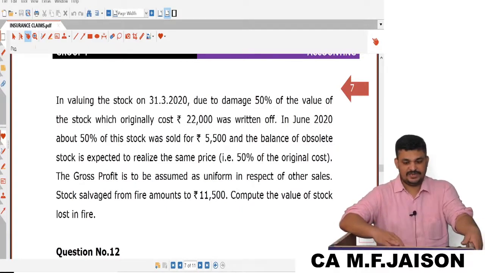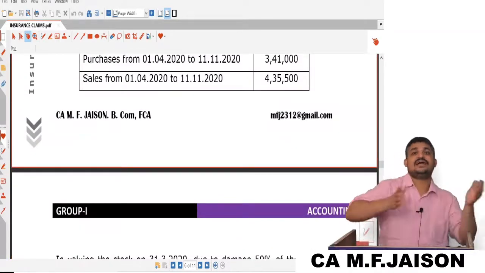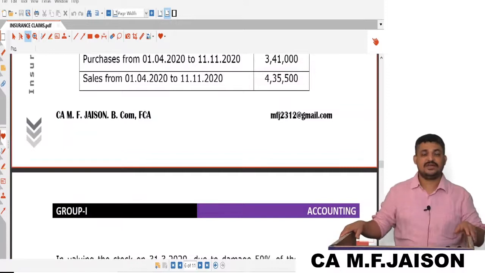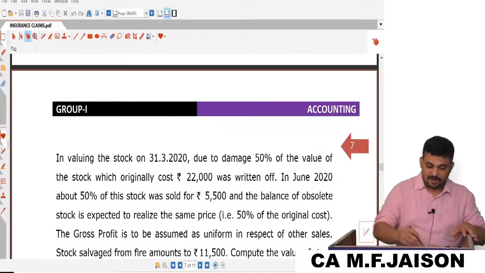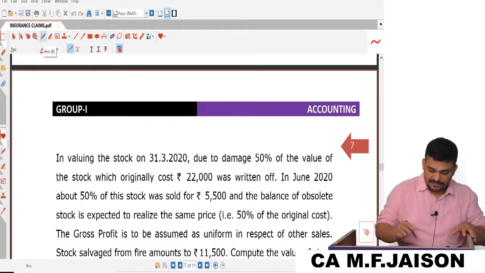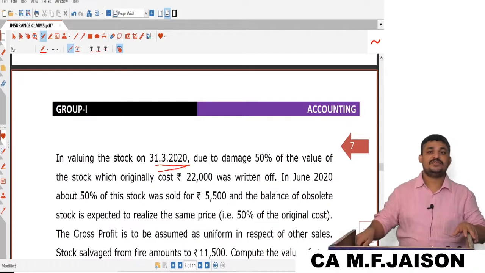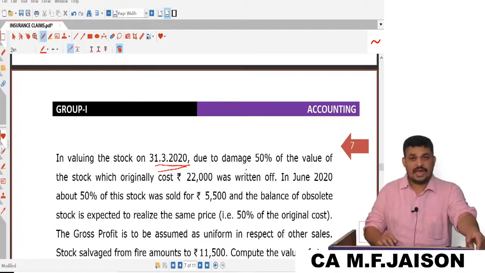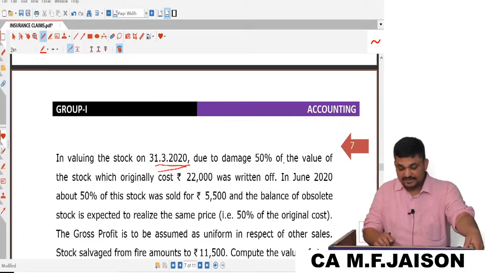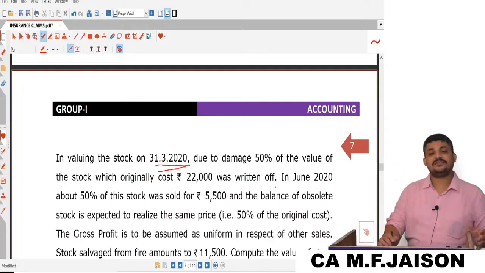So shall we proceed? Here damages, abnormality took place in the previous year or current year? Abnormality took place in the previous year, in valuing the stock on 31st March 2020, which means it is 1920 end. At that time, due to damage, 50% of the value of the stock which was originally costing 22,000 was written off.